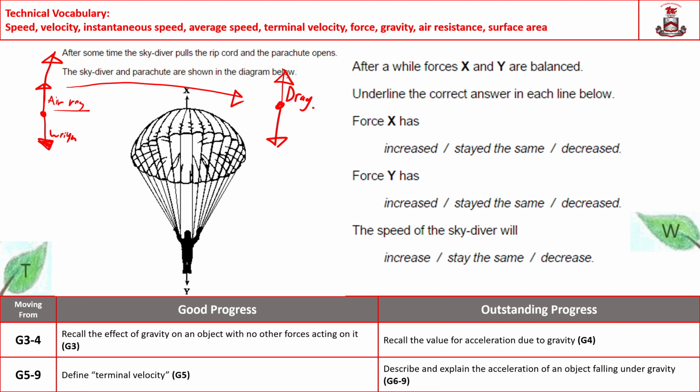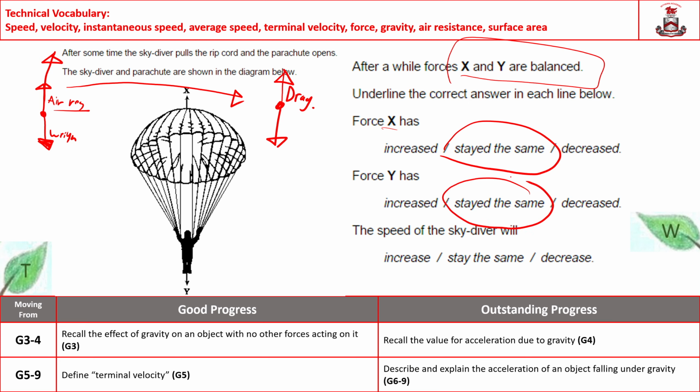So initially, when you pull the parachute, force X increases, but if you look at the question here, it says after a while they are balanced. So because your weight stays the same unless you chop your leg off or lose a shoe or something, for it to go back to being at constant velocity, force X has to stay the same, and also force Y has to stay the same.